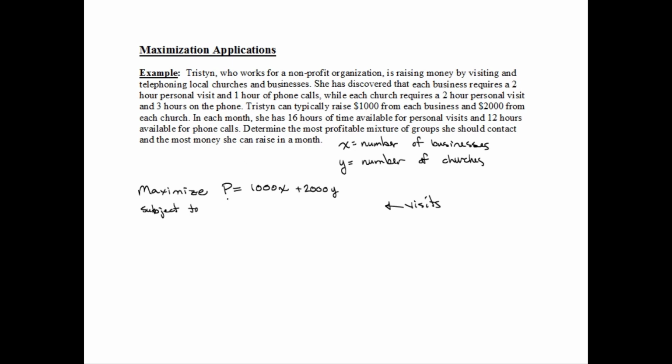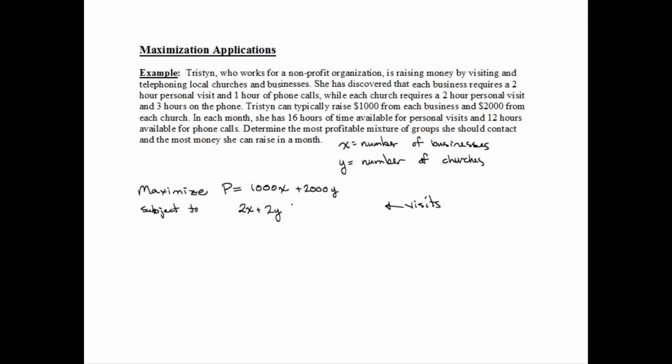Well, for the businesses, for each of them, we're going to have 2 hours for the visit, so that'll be 2 times the number of businesses, so that will be 2x. And each church will also require a 2-hour visit, so that will be 2y. That will give us our total number of hours spent making visits.